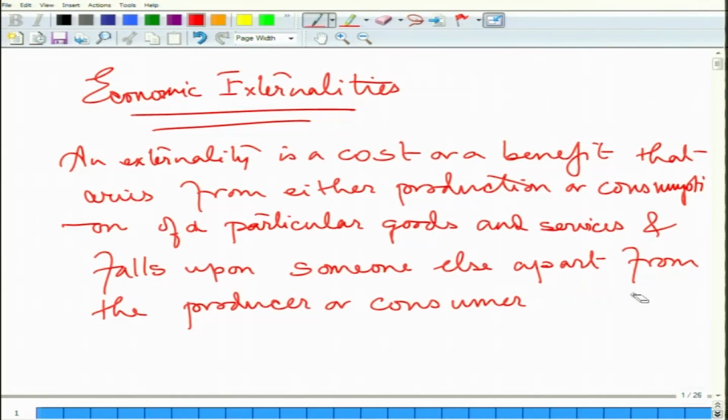That means when a producer or a consumer produces or consumes something, there are certain implications. When I produce something, I have some benefit and also some cost. And because I am producing something, it can have a benefit upon someone else, and it can also have a cost upon someone else, right?